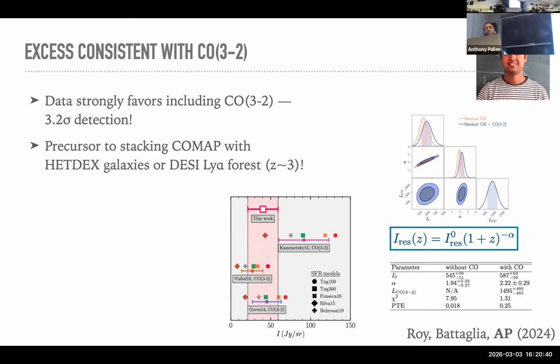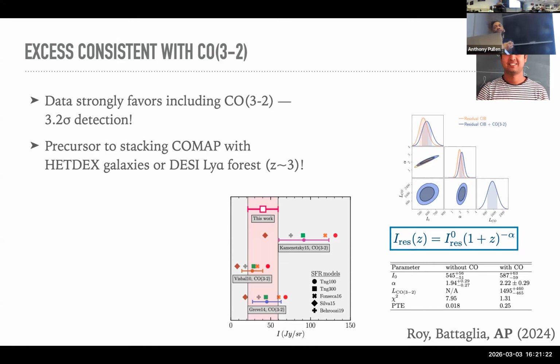We're not confident enough to say that this is a definitive detection, just because there's some uncertainty in the CO and the cosmic infrared background. But I believe as we are able to do better analysis in the future, where we can really resolve out the continuum signal, we could be on firmer footing to promote this as a detection of CO. This is also a precursor for future stacking analysis, possibly with a CO map stacked on HETDEX galaxies or DESI galaxies from the Lyman alpha forest.